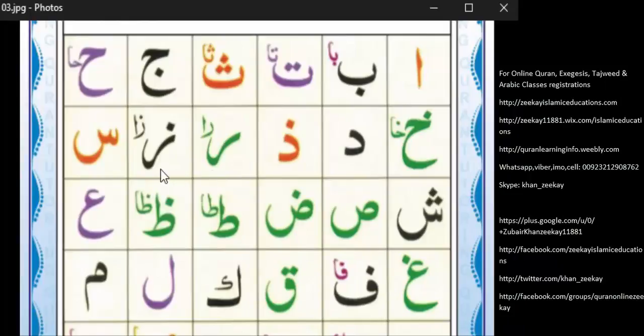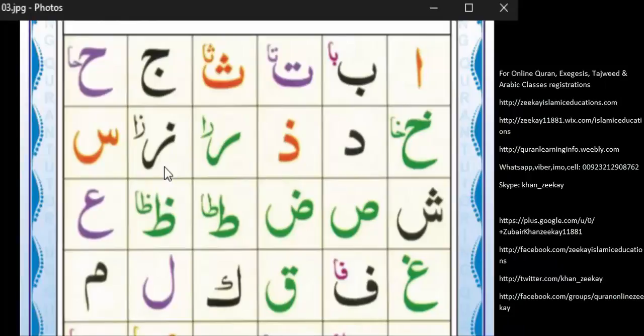The next letter is Za. Letter Za is produced by joining the tip of the tongue to the central two teeth at the lower jaw, and a little part of the tongue will also touch the upper central two teeth.